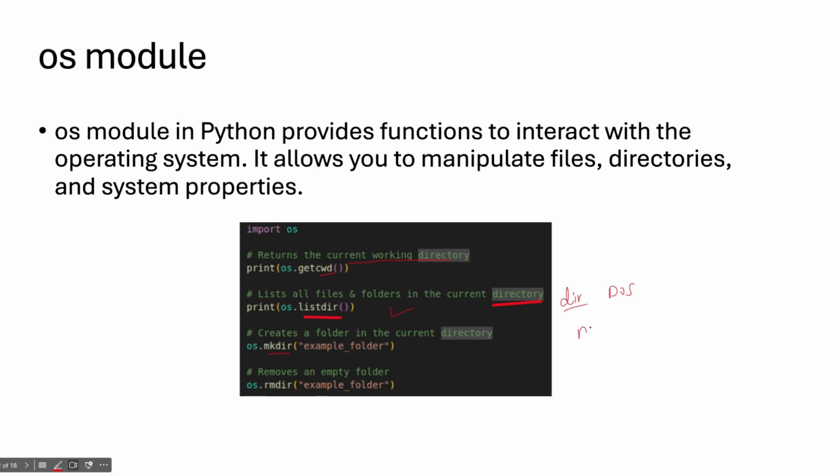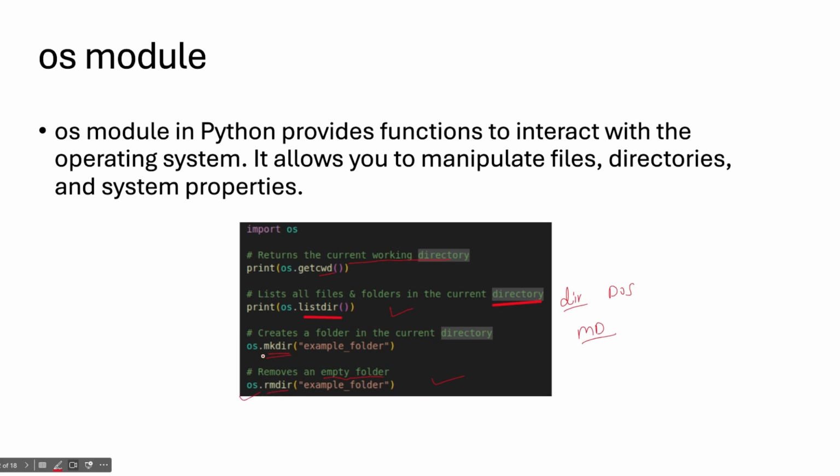mkdir is equivalent to your md command in DOS, make a directory, or here mkdir. rmdir is to remove a folder, but it will remove only an empty folder.